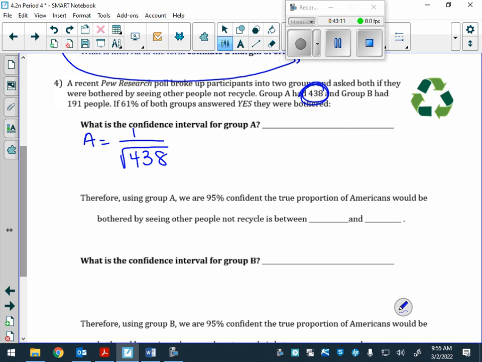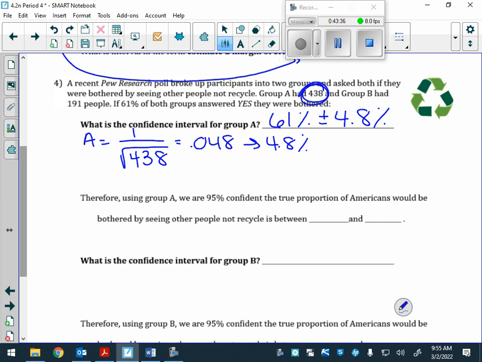David? 0.048, which is what as a percent? 4.8%. So your interval for Group A is 61% plus or minus 4.8%. That is your confidence interval.